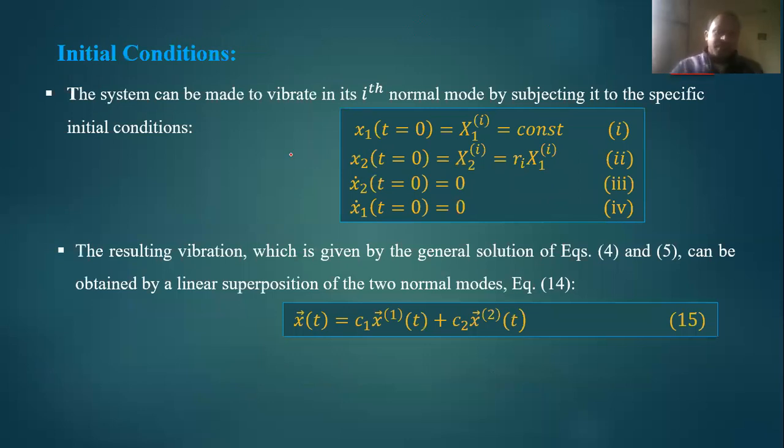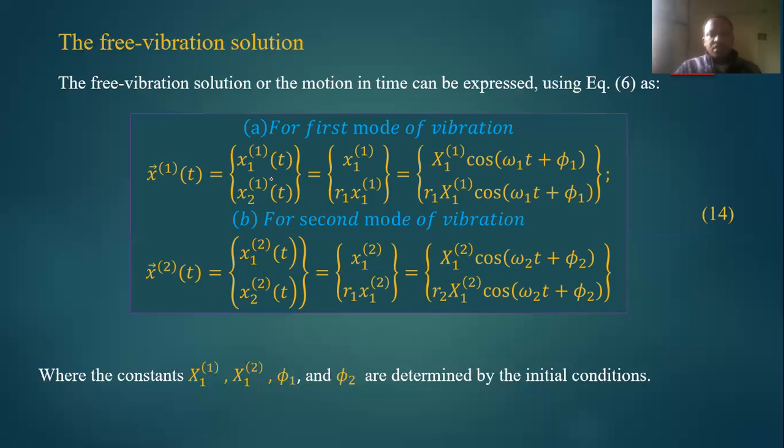Now we have four unknowns in the above equation. One unknown is this one, we don't know exactly this value. The second unknown is this value. The third unknown is this value. And the fourth unknown is phi 2.